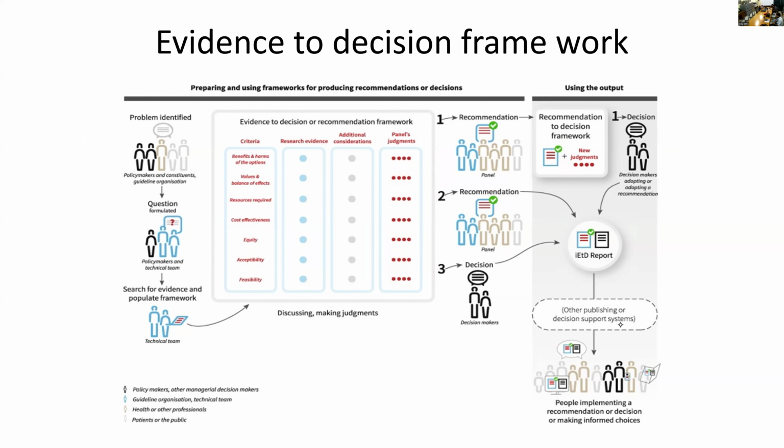We have policymakers, health and other professionals, patients and the public, all involved in the question formulation. Now we are going to find the answer to this question. In the process, we look at all the options that we have, their benefits and harms, values and balance of effects, resources required, cost effectiveness, equity, acceptability, and feasibility.